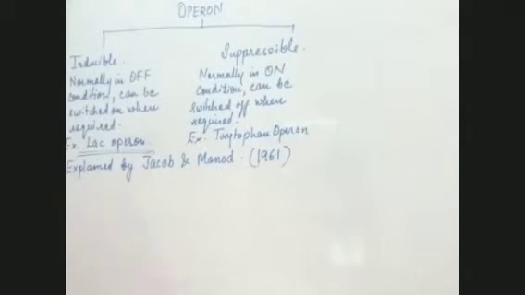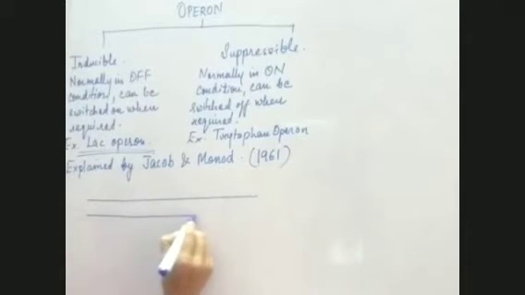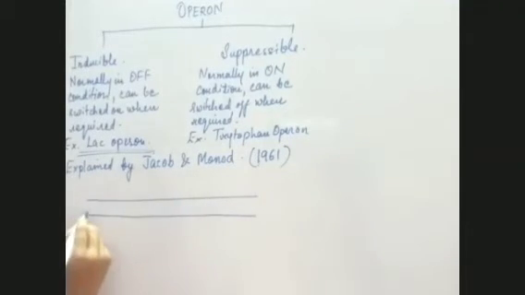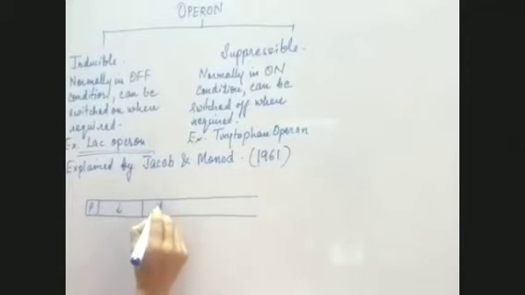How does this lac operon look? It is a segment of DNA. As I told you, operons are segments of DNA, and it looks like this. Here we have the P site, then I, then another P site, then the O site.